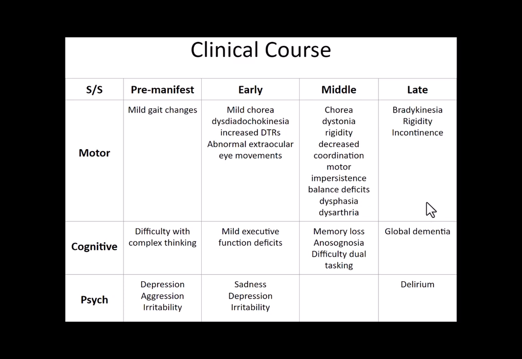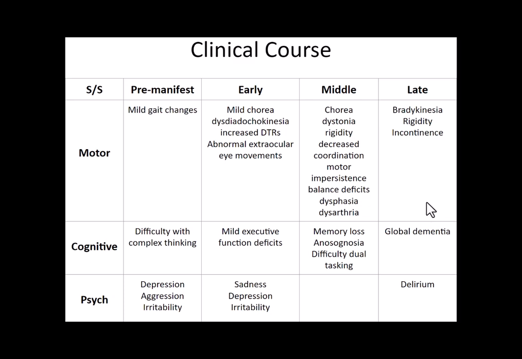The patient might demonstrate increased DTRs, and they might have abnormal extraocular eye movements, so difficulty with smooth pursuit kind of activities. Early cognitive changes are going to be mild changes in executive functioning. As far as psychiatric, the depression and irritability will continue as in the pre-manifest stage, but also some sadness might be apparent.